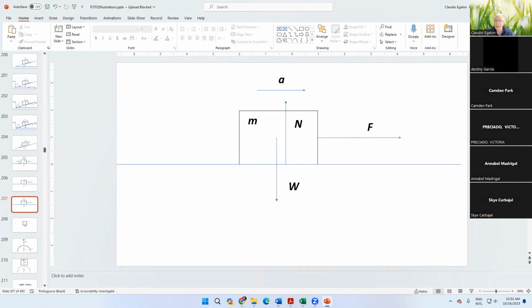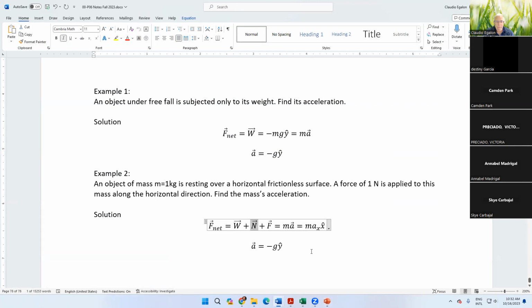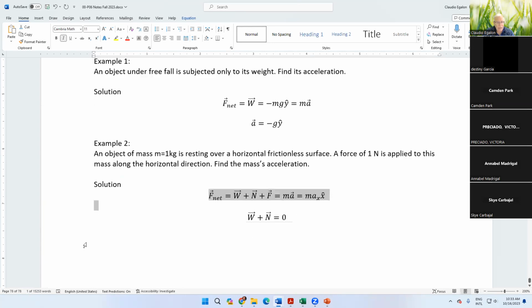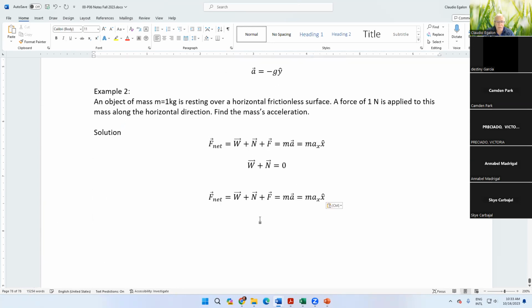And here's the weight. No acceleration along the y direction means that W plus N is equal to 0. And we are left just with this force along the horizontal direction. And I want to find out this guy here.